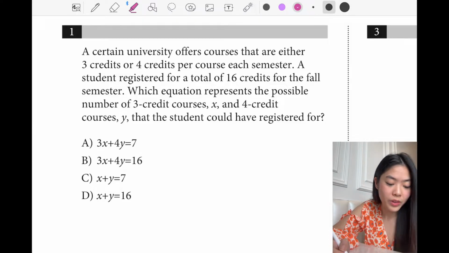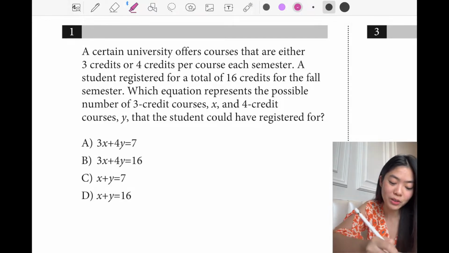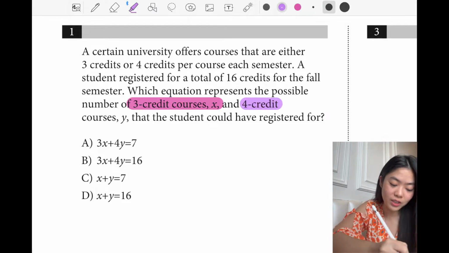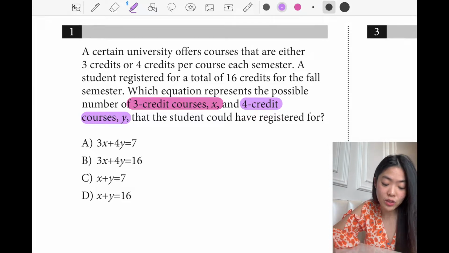First question. A certain university offers courses that are either 3 credits or 4 credits per course each semester. A student registered for a total of 16 credits for the fall semester. Which equation represents the possible numbers of 3 credit courses and 4 credit courses y that the student could have registered for?